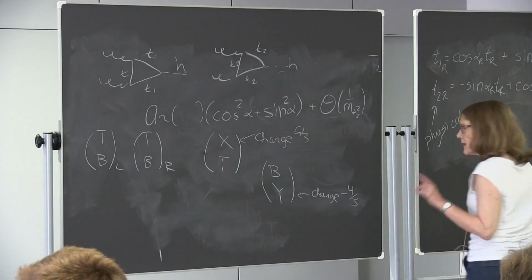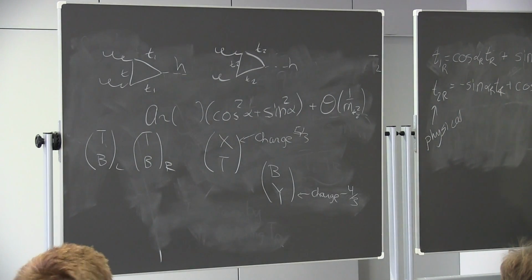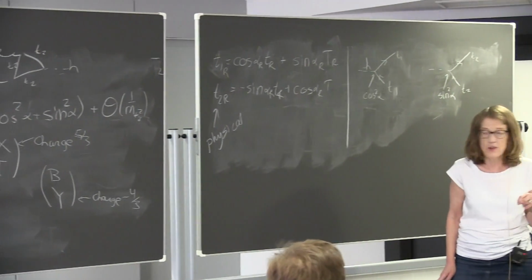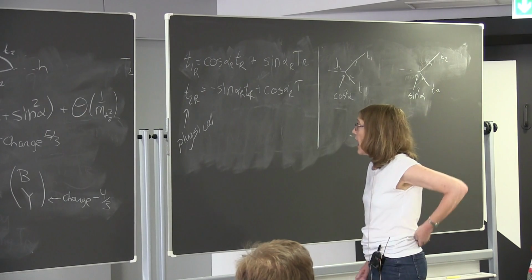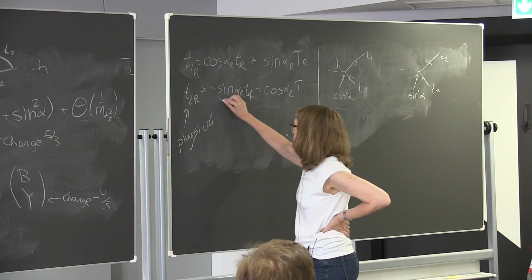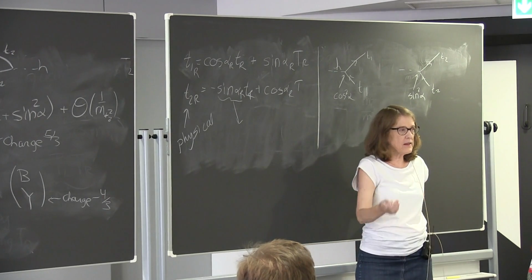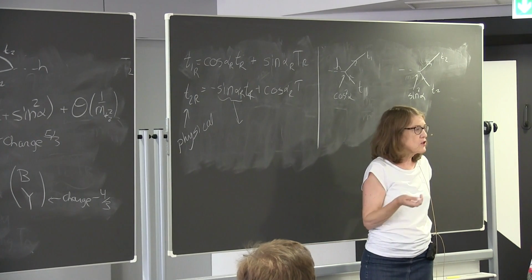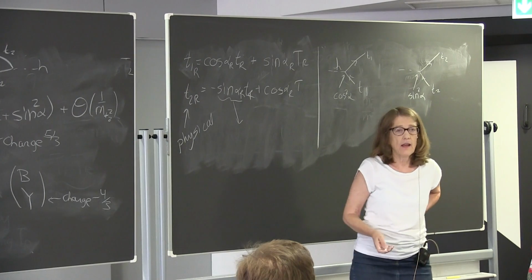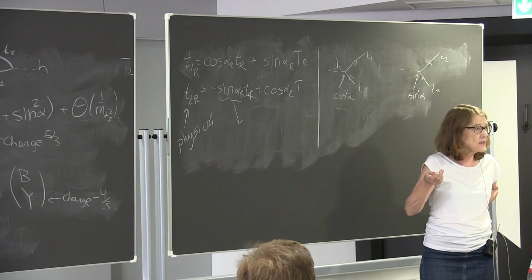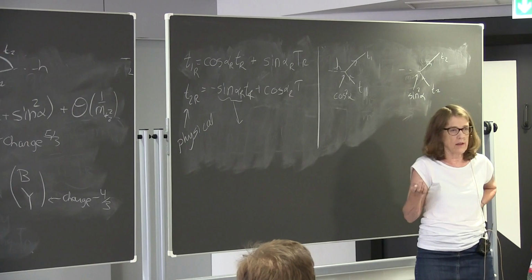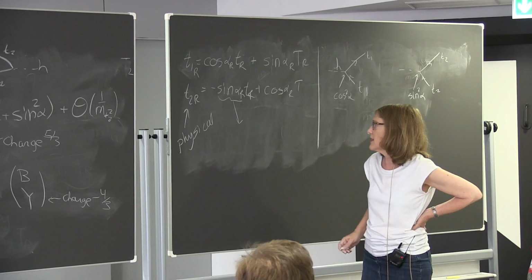Okay, one more thing to answer your question about what happens to the S and T parameters in these models. These mixing angles are actually determined in terms of the parameters in the Yukawa, that are the parameters in the potential that I started with. So I can figure out what these are.